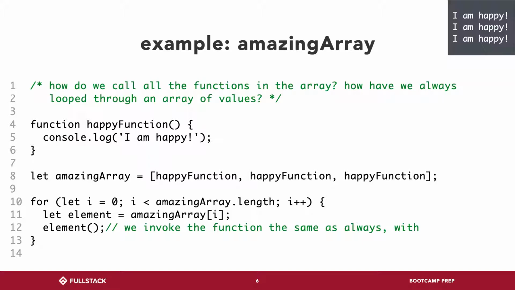So now the length of amazingArray is 3, and each value is a function. You're used to looping through arrays, right? So we loop through amazingArray. Every element will be amazingArray at i, right? So you pull that out and set it equal to element. But every element in this case is a function. And how do you invoke functions? Like that. element open paren, close paren. So as you're looping through the array, you're calling every function, and that's why you get I am happy 3 times.